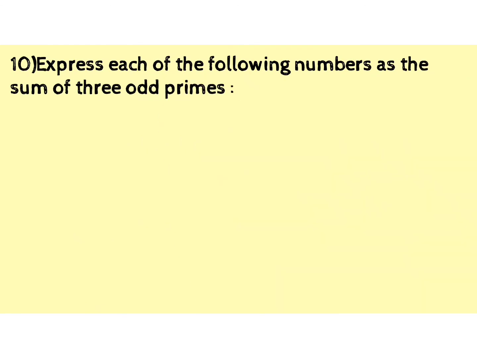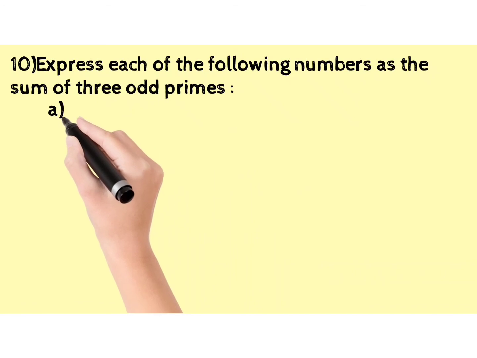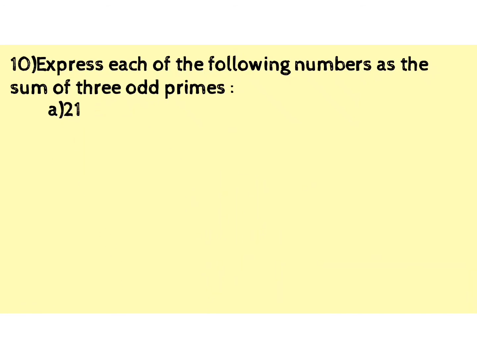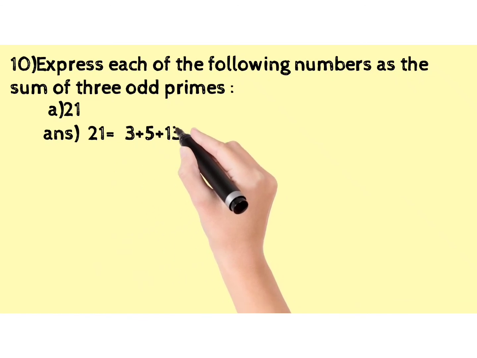Question number 10. Express each of the following numbers as the sum of 3 odd primes. We have to express numbers as the sum of 3 odd primes. Now A part, 21. Here 21 can be written as 3 plus 5 plus 13. These are 3 odd prime numbers.